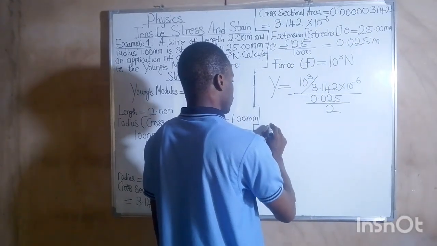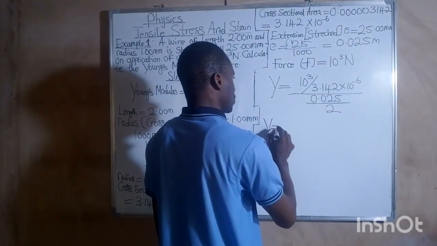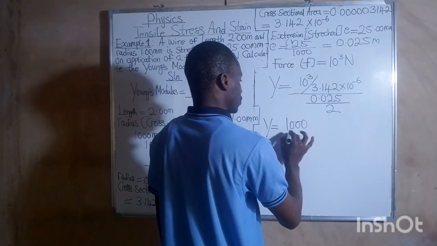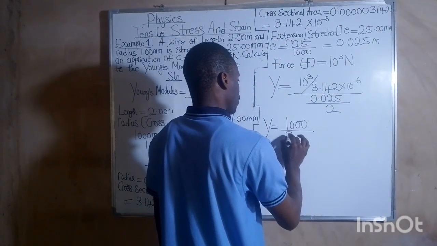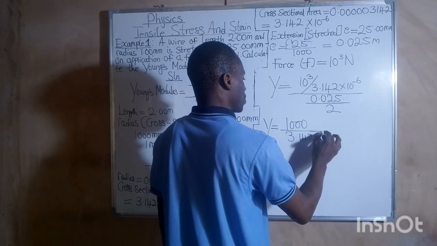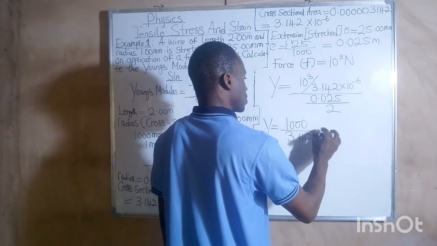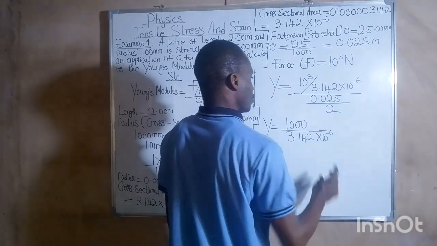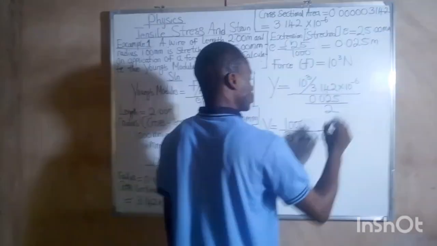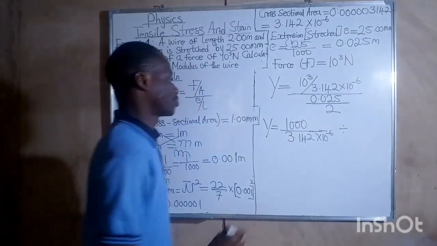So let's see. This is equals to 10 raised to power 3 should be giving us 1000, right? Yeah. Over 3.142 times 10 raised to power minus 6. Then do for us 0.025 divided by 2. Let's see what we have.